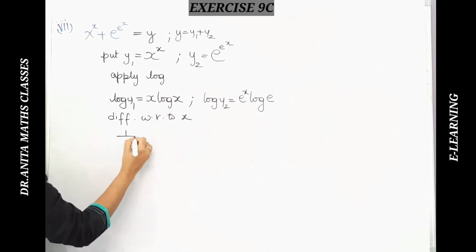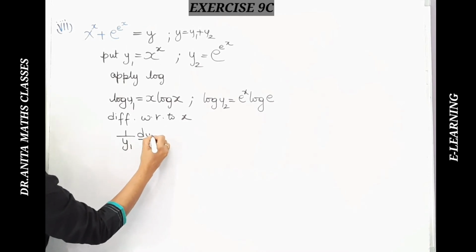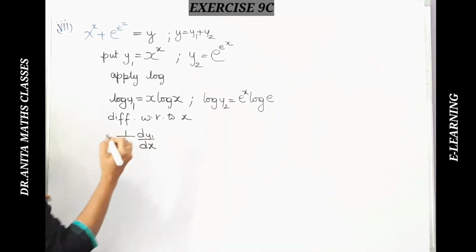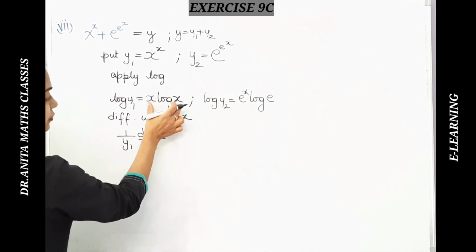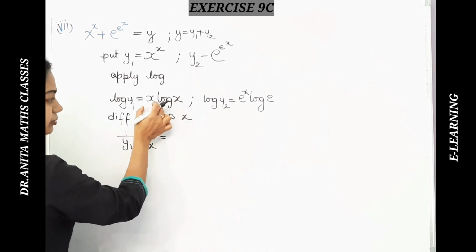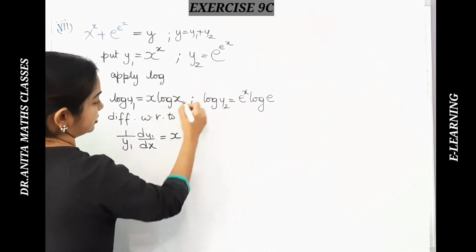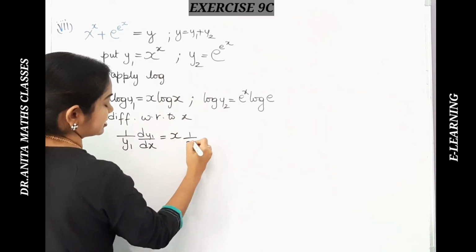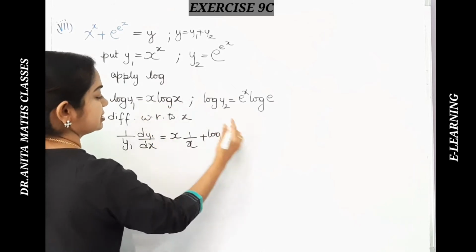So that comes to 1 by y1 dy1 by dx, which is equal to, for differentiating this, there are two functions, so we use u and v, the product rule: x times the differentiation of log x, which is 1 by x, plus log x into the differentiation of x, which is just 1.